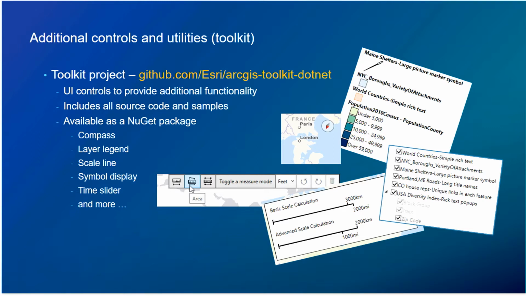The toolkit contains those additional UI controls. So essentially out of the box, the core runtime APIs include a map view and a scene view. And then the toolkit is where you'll find additional controls, such as a table of contents control, legend, compass, scale bar, scale line control.